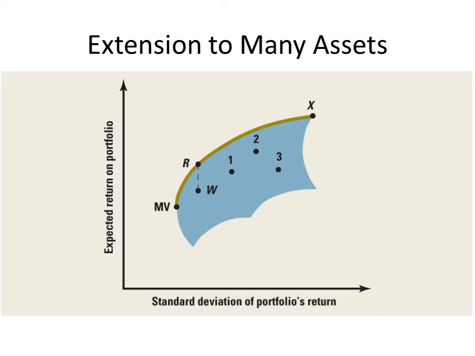As you are more tolerant of risk, you're willing to invest further and further out toward X. But something you need to notice here: when you first move away from MV and take on one additional unit of risk, you get a lot of extra return for that. But when you get out toward X, each additional unit of risk gets you only a little more reward. And so the rewards are increasing in risk, but at a decreasing rate.